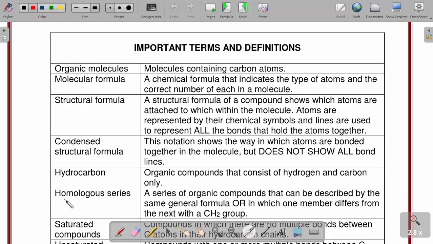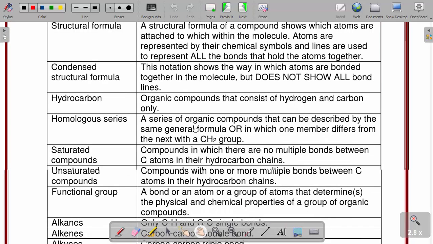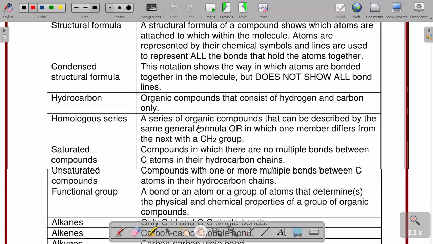And then homologous series can be defined in different ways. We can say it is a series of organic compounds that can be described by the same general formula, or we can say in which one member differs from the next with a CH2 group. That is called a CH2 group. That's how you can define homologous series. Let us continue here.